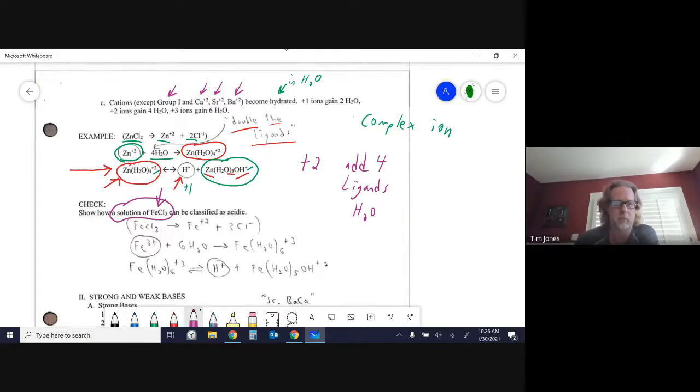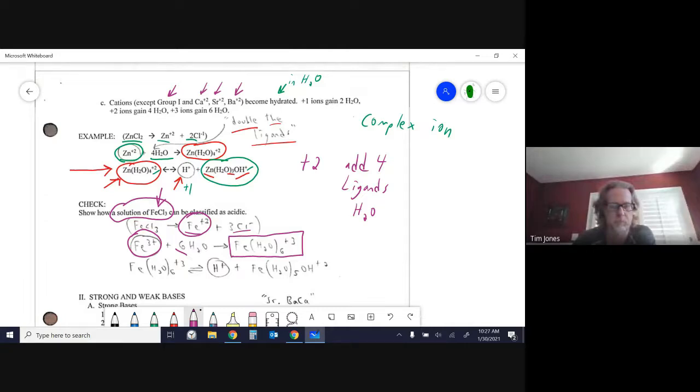So again, I'm just showing the fact that iron chloride in water forms iron and chloride. It's only the iron we care about. So you take the iron like I have here, double the ligands. So since it's +3, I'm going to add 6 waters. That forms this complex ion here.